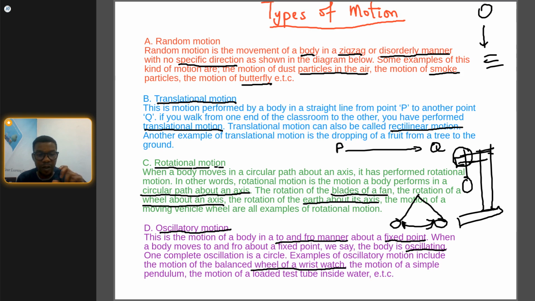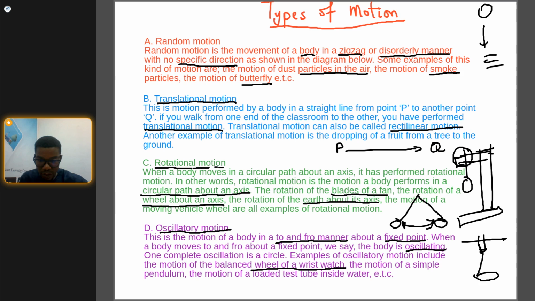What about a boy on a swing? When you go to an amusement park, you have a swing. Someone is sitting on the swing, and where he's sitting is attached to the top of that swing. Let's have an illustration. Let's say this is the swing.